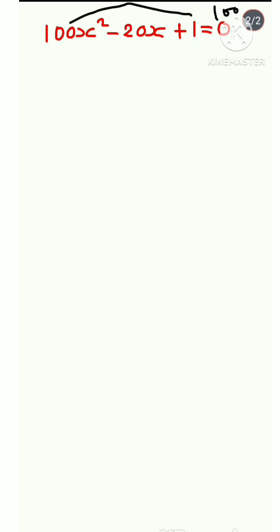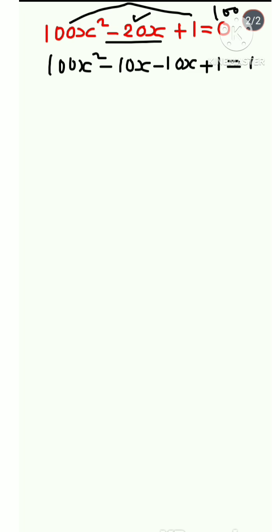So 100x square, this minus 20x can be split like this, minus 10x minus 10x, because when we multiply minus 10 and minus 10, then we obtain 100. Similarly, when we add minus 10 and minus 10, then we obtain minus 20. And this plus 1 as it is equal to 0.